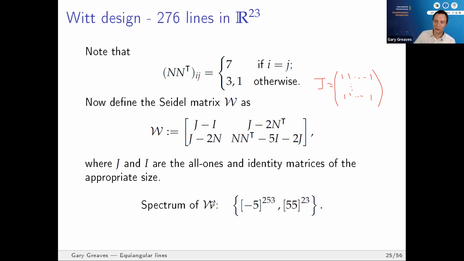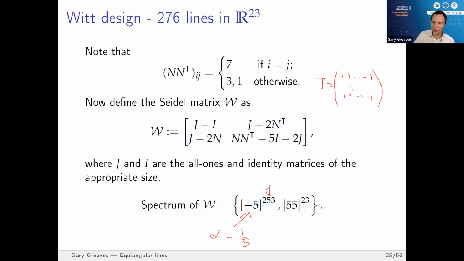Okay, so this whole thing is a Seidel matrix, and it turns out, and you can check this in the literature, that W just has 2 distinct eigenvalues: minus 5 with multiplicity 253, and 55 with multiplicity 23. So now if we work out the corresponding equiangular line system, we just need to read off these numbers. We see the angle should be 1 over 5, because of the smallest eigenvalue. So alpha equals 1 over 5.